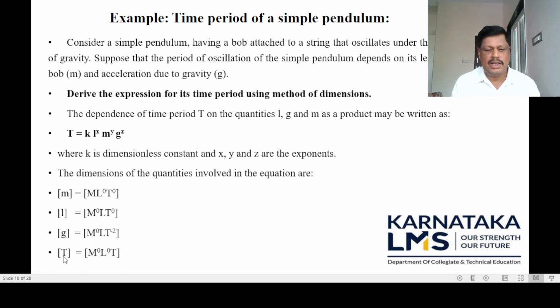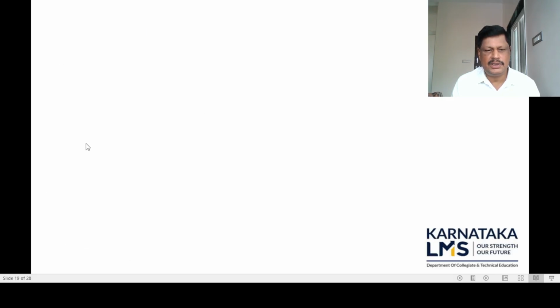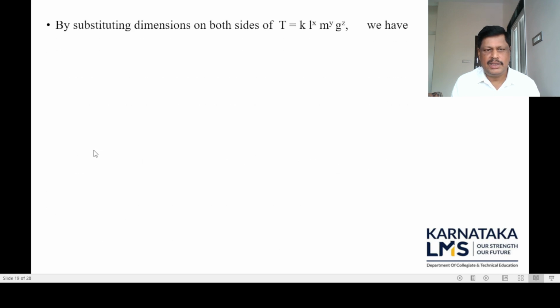So the dimensional formula for time T is M to the power of 0, L to the power of 0, T. Substitute all these values in this equation. We get T is equal to k L to the power of x, m to the power of y, g to the power of z. So the dimensional formula for time, k is a constant, the dimensional formula for length, the dimensional formula for m, and the dimensional formula for acceleration.